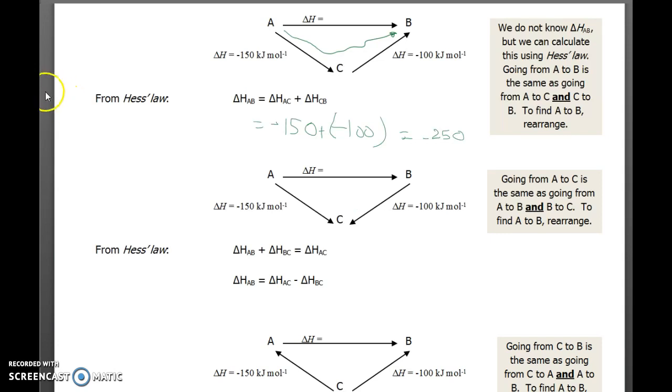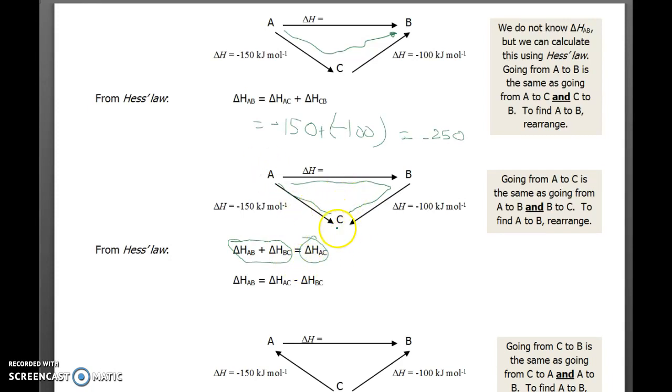So in terms of Hess's law, what we're now saying is that A to C is the same as going from A to B and B to C. So the enthalpy change for A to B plus B to C is equal to the enthalpy change A to C.